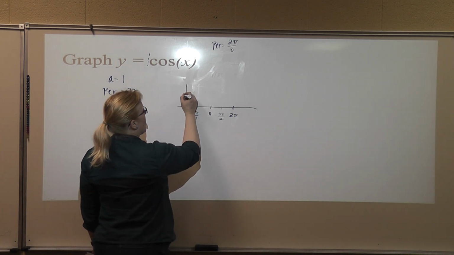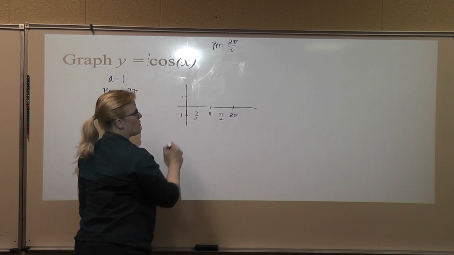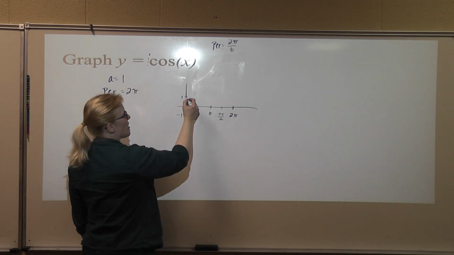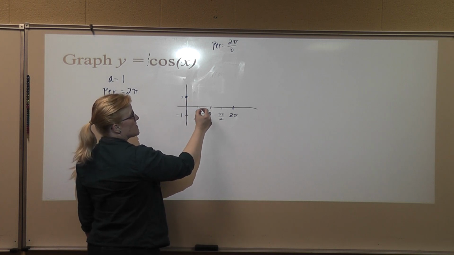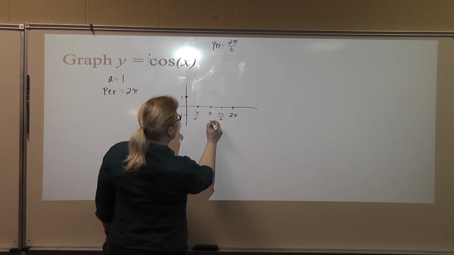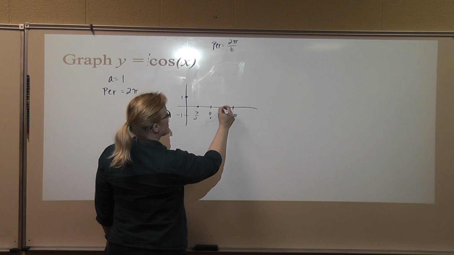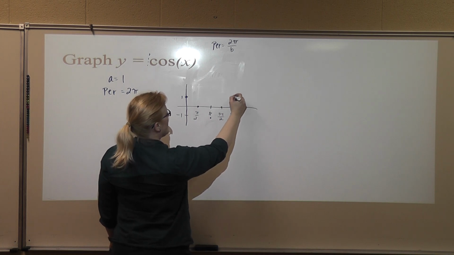So here's 1, and I know this from my amplitude, right? Here's negative 1, and it's going to start up here, which means the next one will be one of my zeros. It's going to come down to negative 1, back up to 0, back up to here.